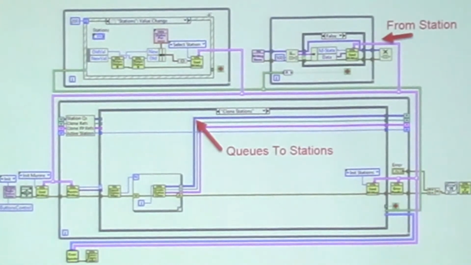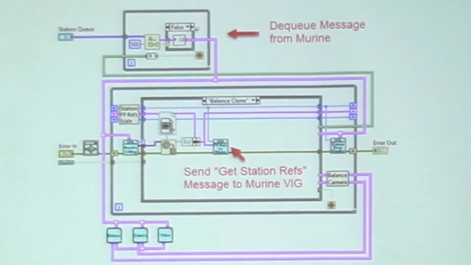What this is telling us is where to find the references for the front panels of the balance, which has got the graph, and the camera, which has got the image, so that we can put them in the front panel and see them. Where's the image? That's the image.